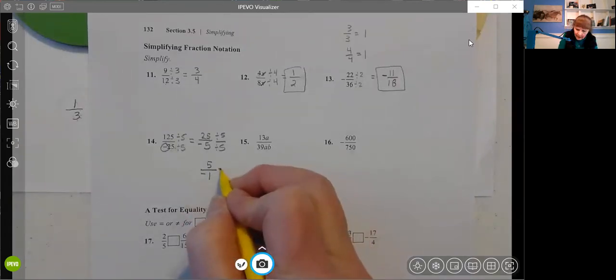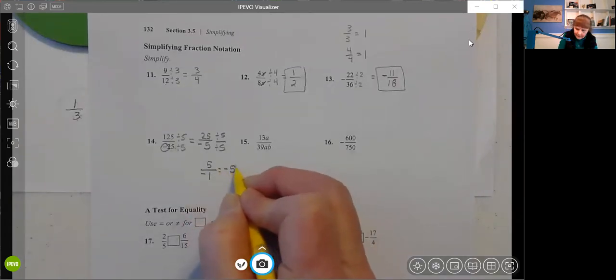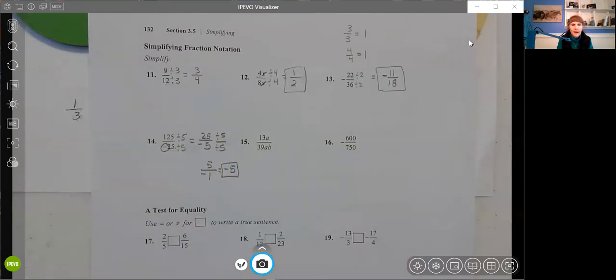You can write that as -5. You don't need it over the 1. It's not that it's wrong, it's just that this is better. So again, you're dividing by the same number. What can I divide both of these by in order to reduce it down so that we have smaller digits representing the same amount in that fraction?